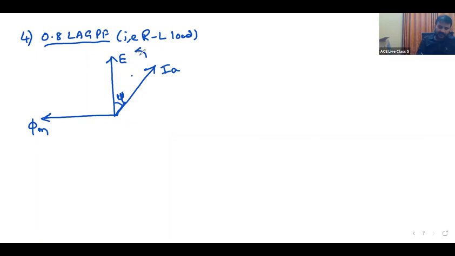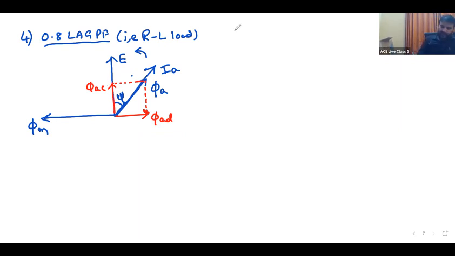Phasors are lagging. When IA lags, flux is also in the same direction. Phi A is also the same. But that phi A can be divided into two components. This is phi AD, the demagnetizing component, and this is phi AC, the cross magnetizing component.